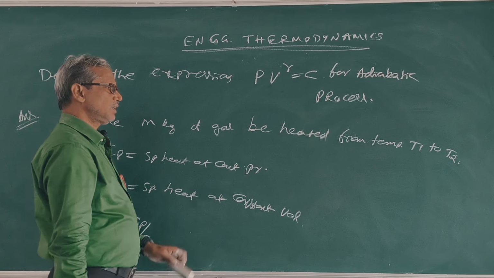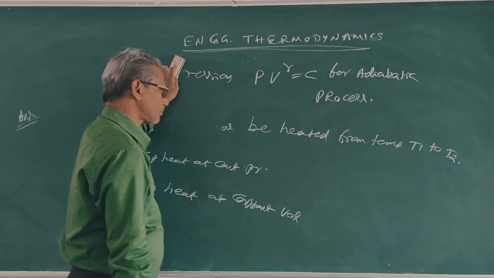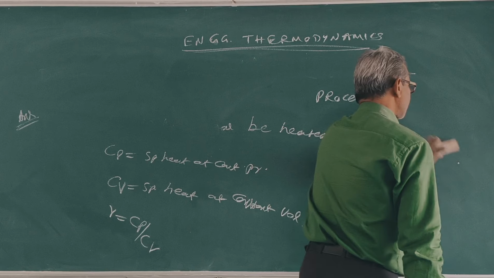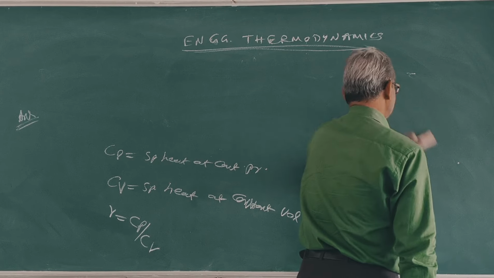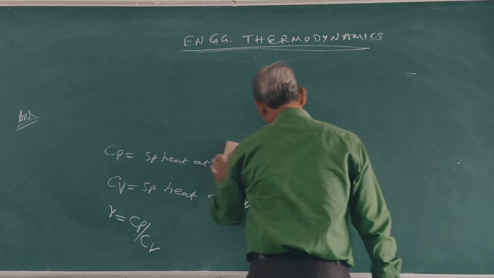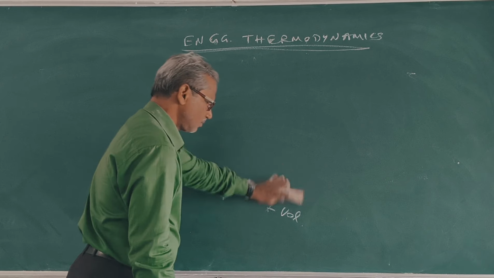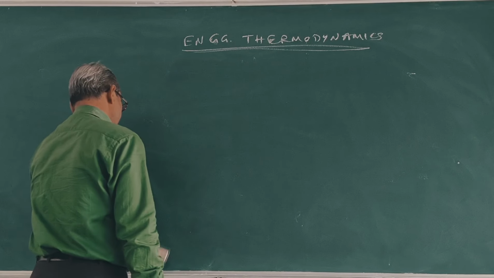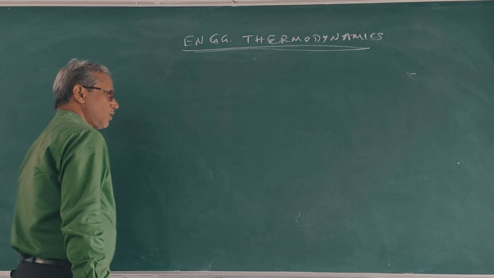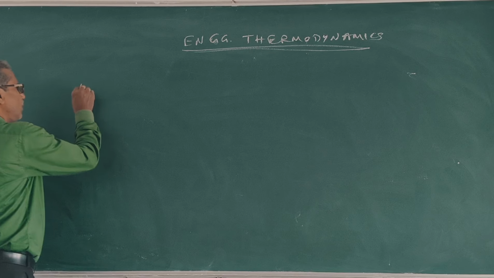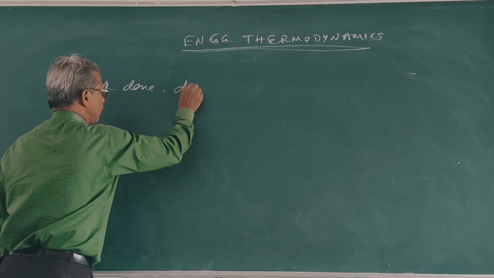Now, what is work done? dW is equal to P into dV.